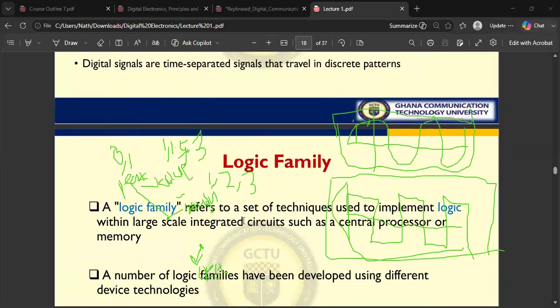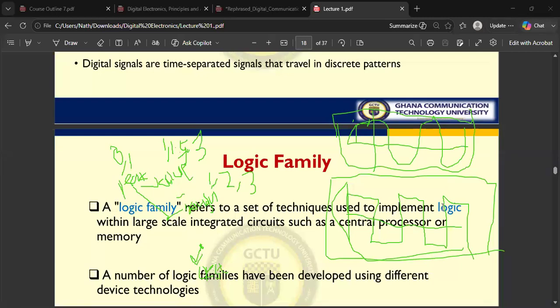In the slides, it says it refers to a set of techniques used to implement logic. When you say logic, this is just the operations of a circuit. For logic, we have the AND gate, the OR gate and the NOR gate.